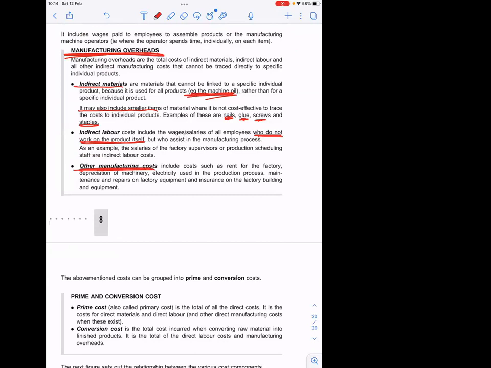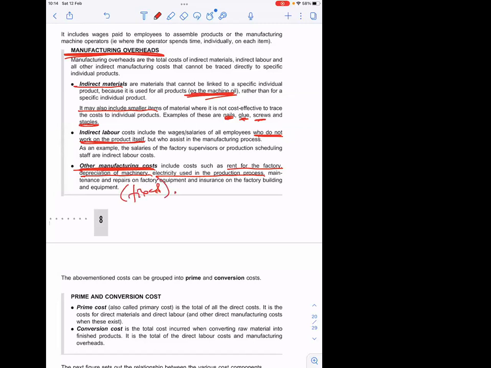Other manufacturing costs, they are also incurred in the factory. They are not direct material, they are not direct labor, they are not indirect material, they are not indirect labor. So what are they? They include costs such as rent for the factory, depreciation of machinery, electricity used in the production process, maintenance and repairs on the factory equipment, and insurance on the factory building. Normally, these are of a fixed nature.